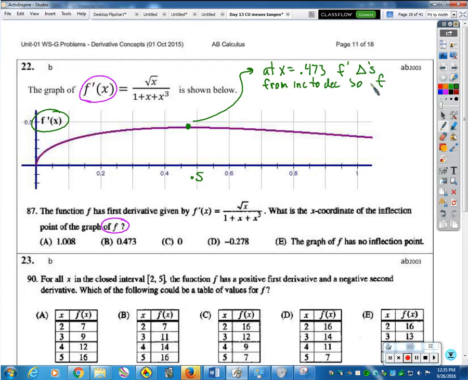So f changes from concave up to concave down. So f has an inflection point at x equal to 0.47. Questions?